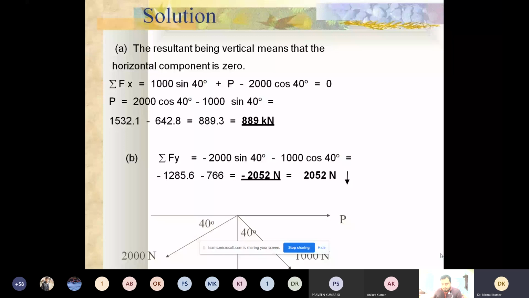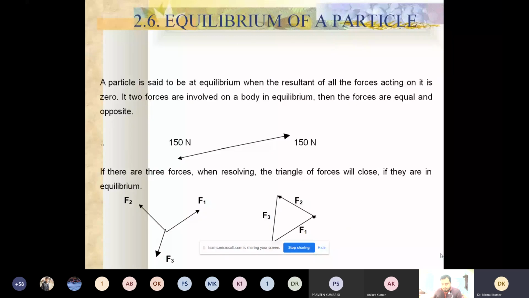Now we consider the equilibrium of the particle. A particle is said to be in equilibrium when the resultant of all forces acting on it is zero. If two forces are involved on a body in equilibrium, then the forces are equal and opposite. Here in equilibrium, two forces are equal and opposite.